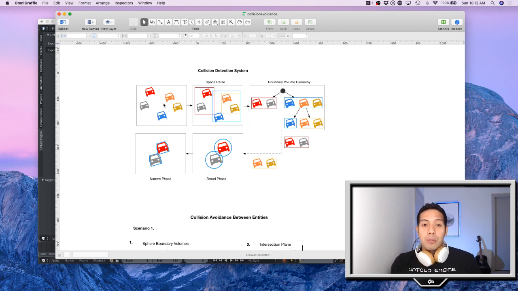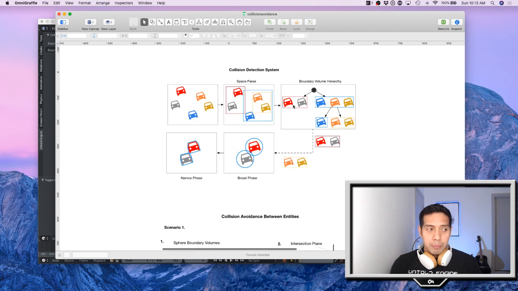The first thing that I do is I parse the scene in such a way that it allows me to build a bounding volume hierarchy tree, which is what you see here. And what it does is it combines any entities that are close to each other.